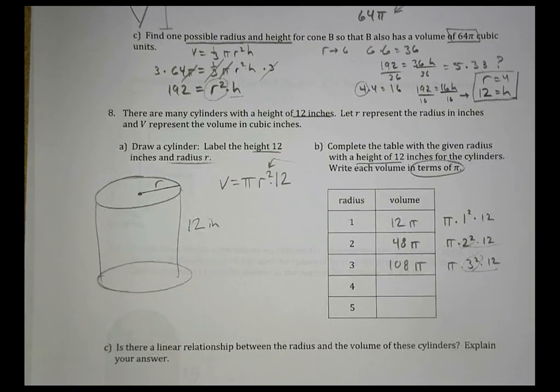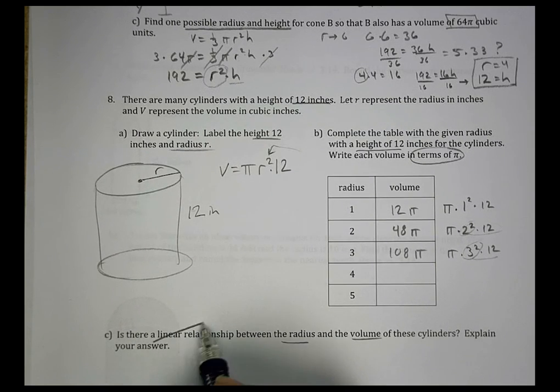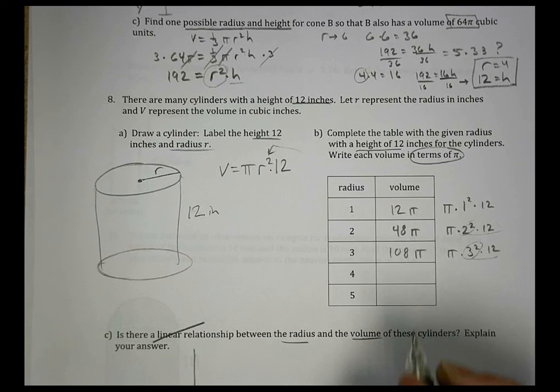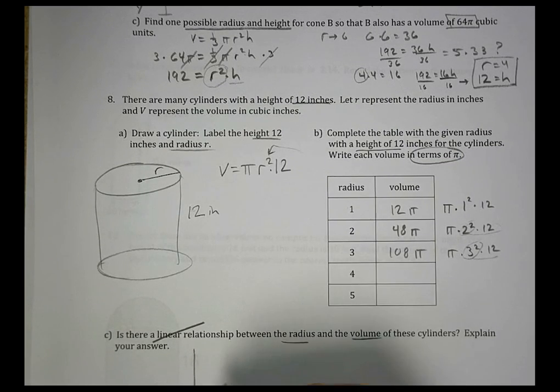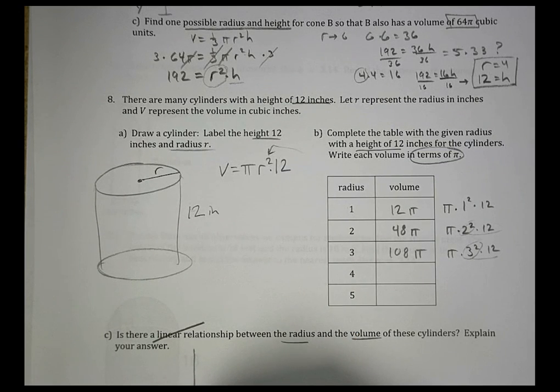The next thing says, is there a linear relationship between the radius and volume? Looking for a linear relationship, a line. Well, if you were to just graph this real quick and said I had a 1, a 2, a 3, a 4, and a 5. And I had over here, let's count up by, I'm going to 100 already, so let's go 25, 50, 75, 100.